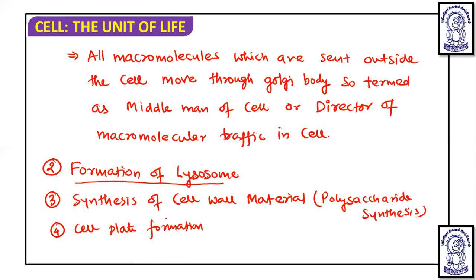Okay, so this cell plate formation is also carried out by this. And fifth is, we remember that this cell plate is formed during the cell division in plant cell. And when we talk about the sperm, that is male gamete, in male gamete acrosome is there.